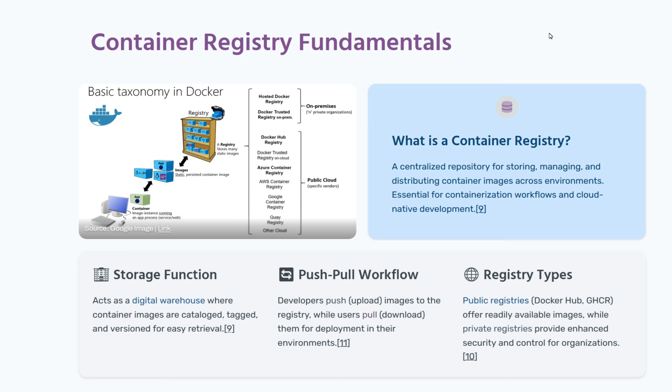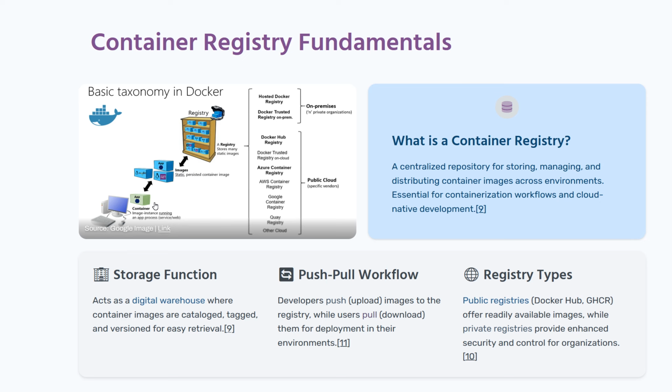So let's have a look at this picture. What you have is some sort of taxonomy, that is the wording which we use in there, right? You can see in the picture, the registry stores many static images. You can see that cupboard, you have so many different images there. So images are static, persistent container images, right?